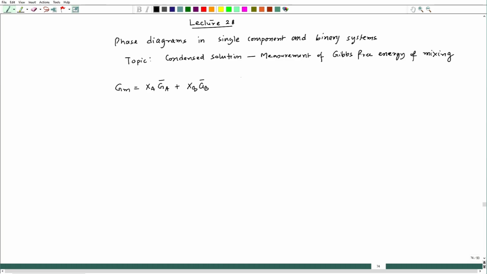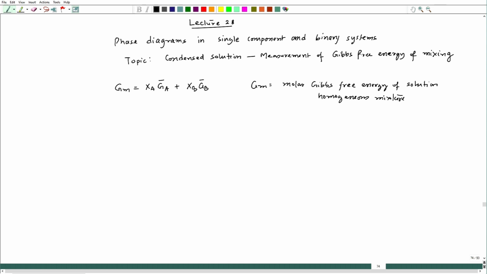This formula, where Gm is the molar Gibbs free energy of solution, or we can say homogeneous mixture, is applicable for ideal mixture or even a real mixture.